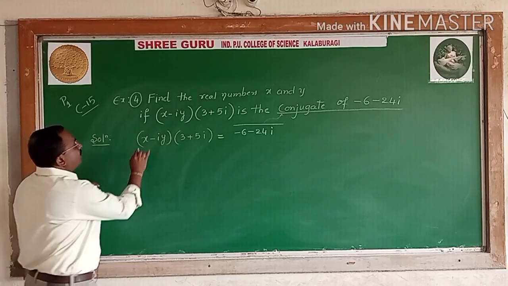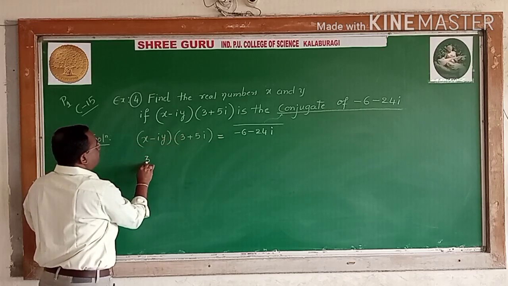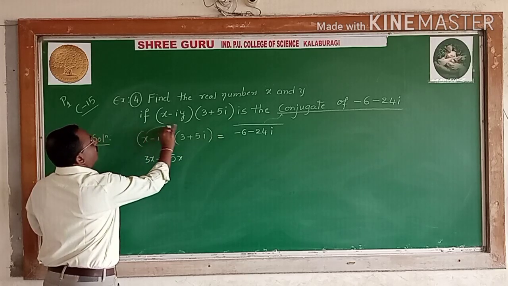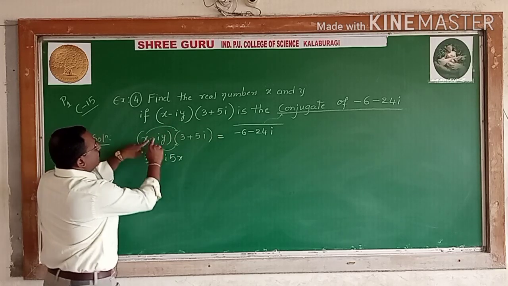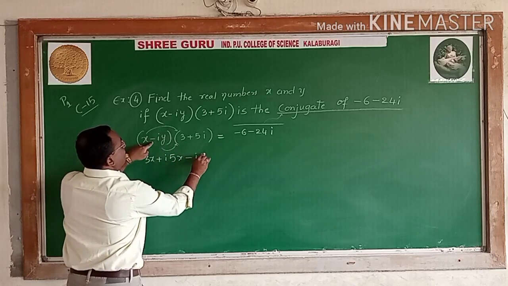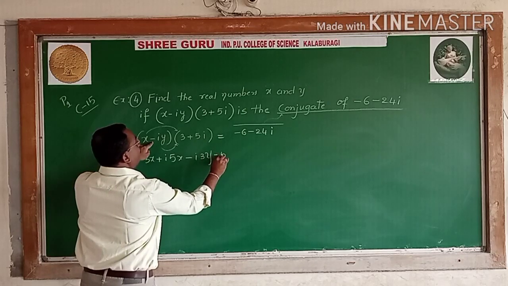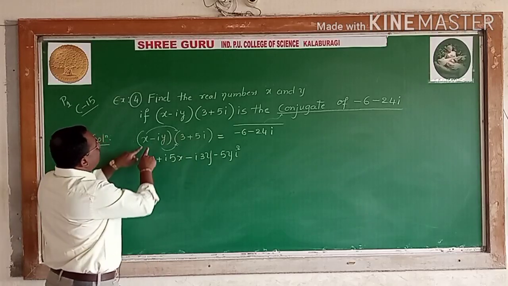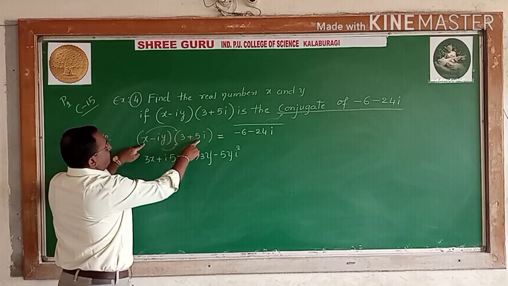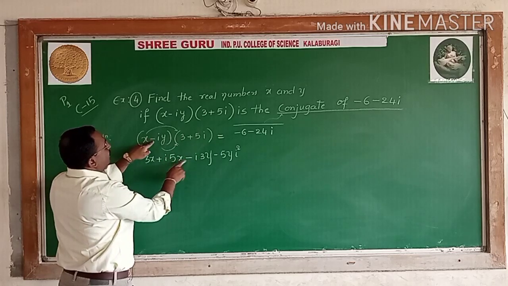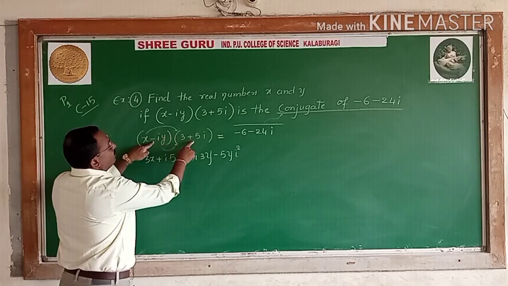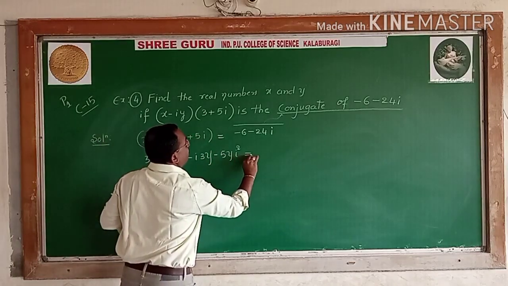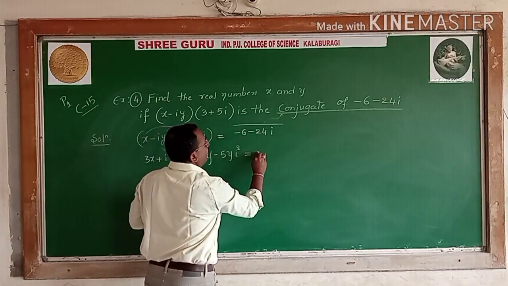Here x into 3, 3x, plus i times 5x, minus i times 3y, minus 5y i squared. Listen: x into 3 is 3x, x into 5i is i times 5x, minus iy into 3 is minus i times 3y, minus iy into 5i is minus 5y i squared, which is equal to minus 6 and so on.